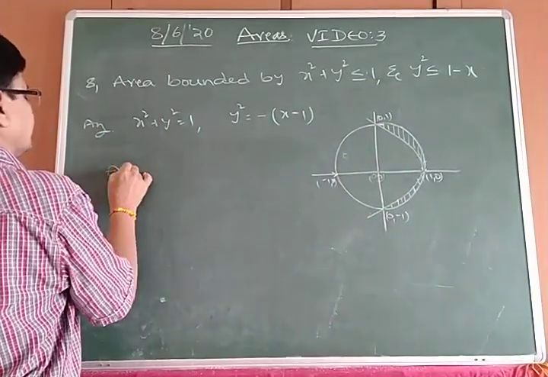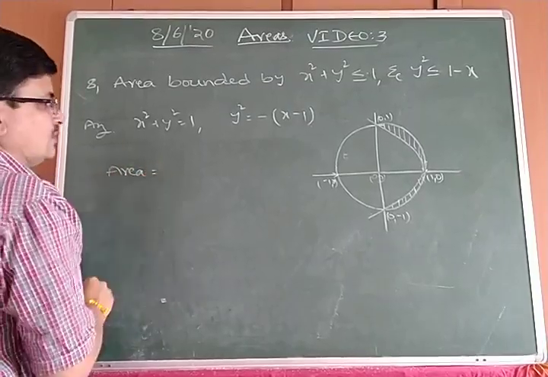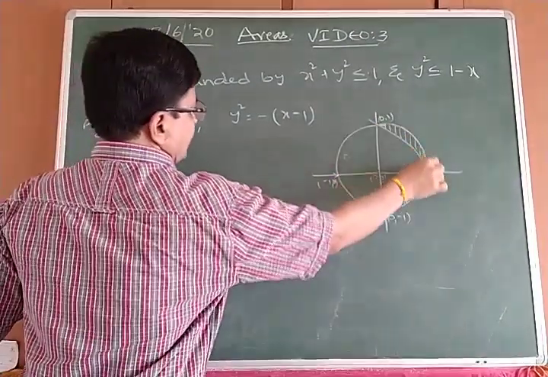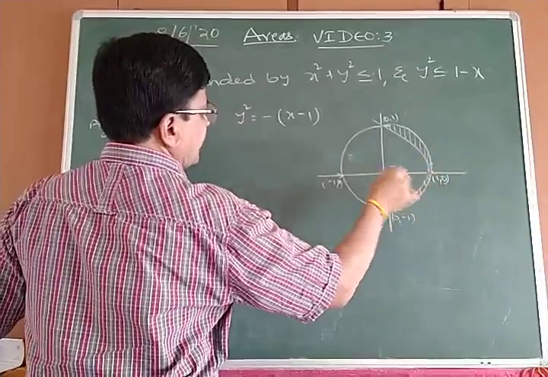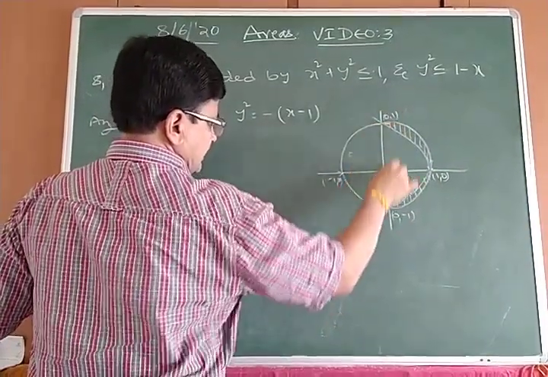Area on the y-axis is, this is the complete circle. Area of the circle is pi r square, but here it is the semicircle.